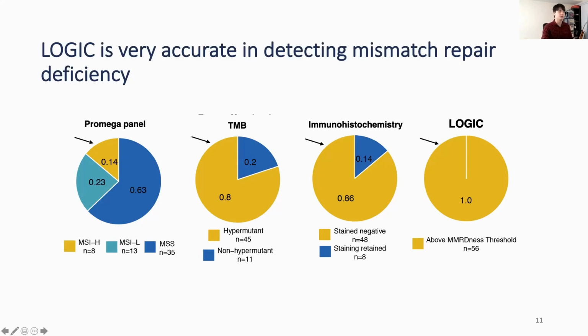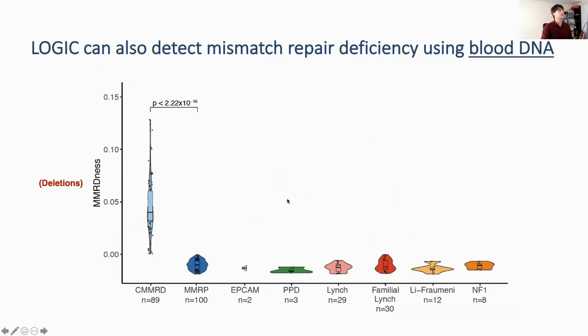deficiency in the tumor. But we know that CMMRD is a condition that ablates mismatch repair activity in all their cells. So we thought that maybe we can use the 23 million microsatellites to detect mismatch repair deficiency just using blood DNA. Again, this is the MMRD score, counting the deletions.